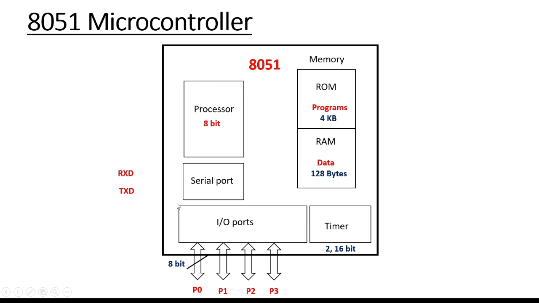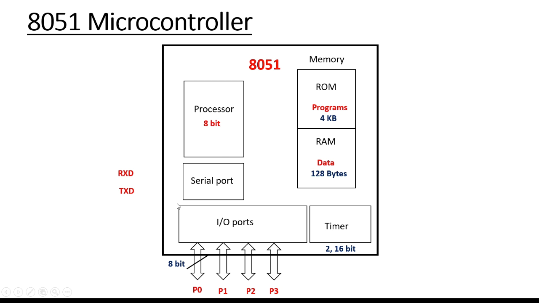Then there are two timers, two 16-bit timers. We have already seen this in the features of the 8051. It has T0, T1 timers, which are used to create a delay and for counting purposes.